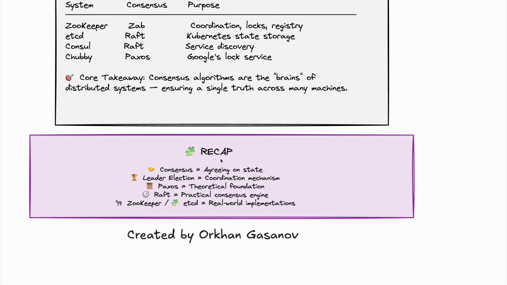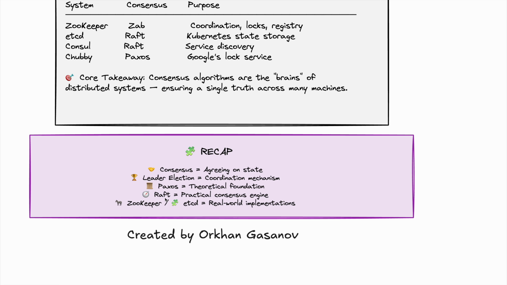To recap what we have learned today: we have consensus, which is important in distributed systems. It's basically all the nodes in our cluster agreeing on a single state, a single value. The process for consensus is leader election, which is a coordination mechanism, and we have different algorithms with steps for selecting the leader.